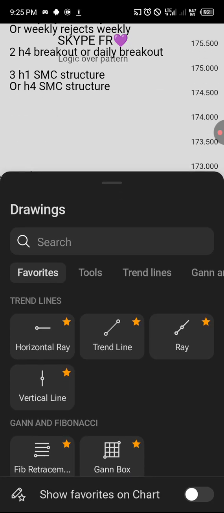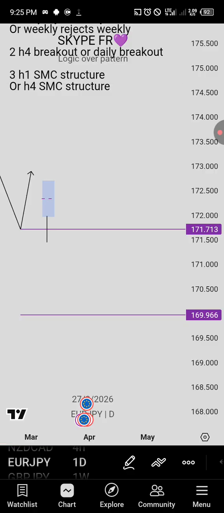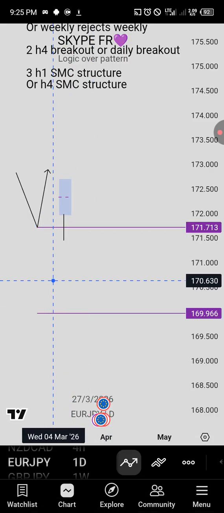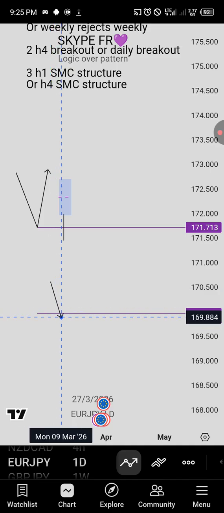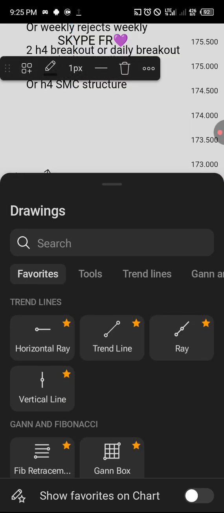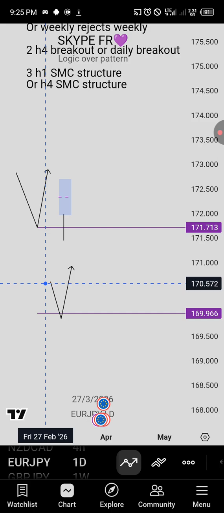So let's see on the 4-hour time frame, this is price reacting to our daily key level. And let's say we have a breakout here. Sorry, made a mistake.